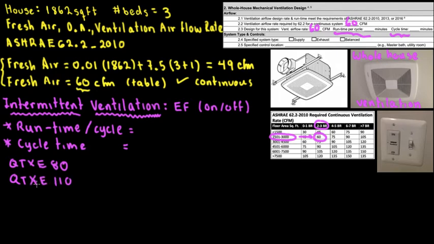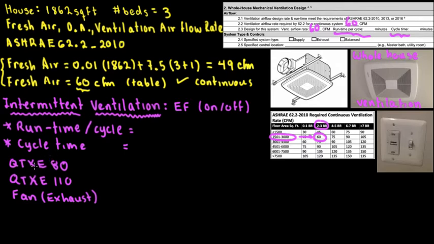Say those are the manufacturers. Those are the exhaust fans, the ones that are going to be located in the bathroom. You can usually use another manufacturer like Panasonic or Aprilaire, and there are different manufacturers, but in this case we're utilizing Broan.